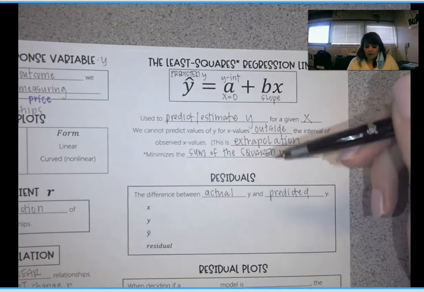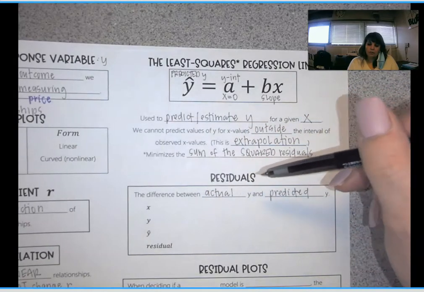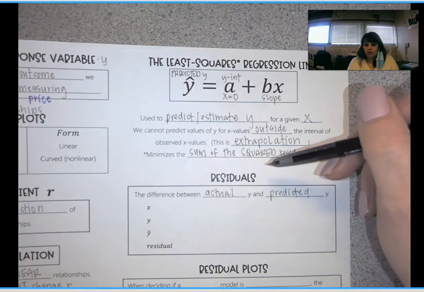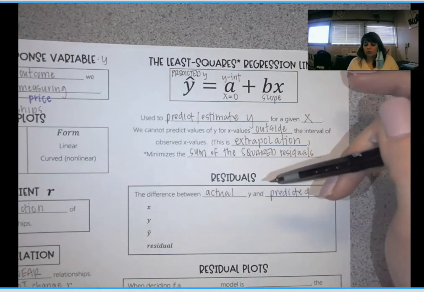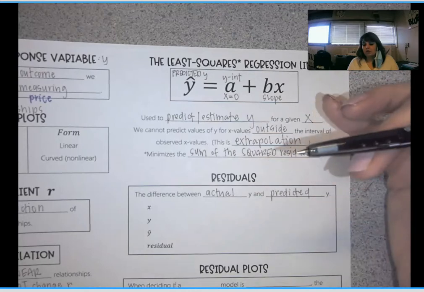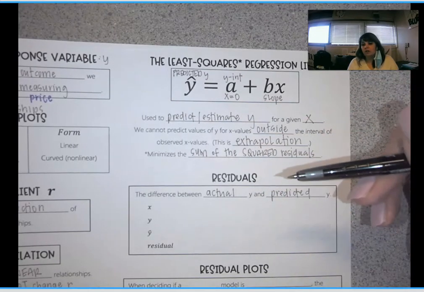One thing to note here is that if you have a strong relationship, residuals are small. If your relationship is strong, your residuals will be small. Because remember, the strength of your relationship is how close the points are to the prediction line.